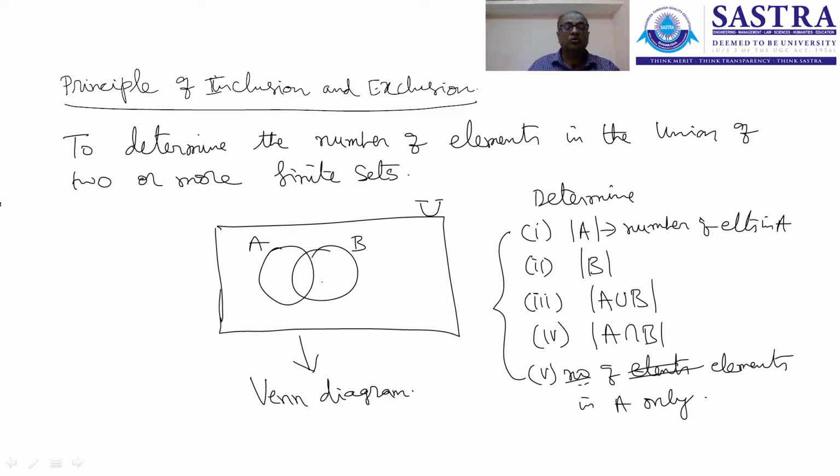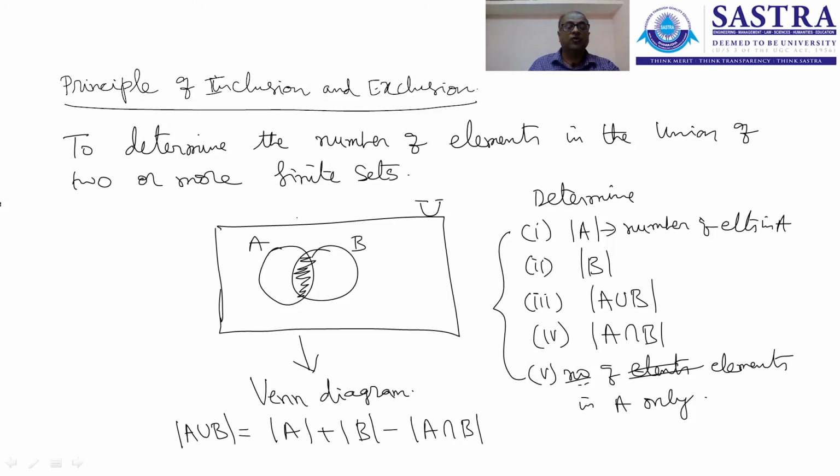Now if I want to find the number of elements in A union B, I count the number of elements in A, count the number of elements in B, and subtract the elements in A intersection B. This part would be A intersection B. When I count A, I also count A intersection B, and when I count the number of elements in B, I count A intersection B again, so twice.